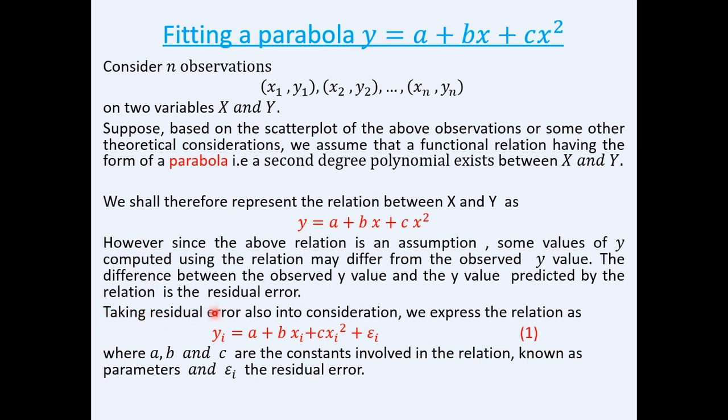Taking this residual error also into consideration, we can represent the relation as yi is equal to a plus b xi plus c xi square plus epsilon i, equation number 1, where a, b and c are the constants known as parameters and epsilon i the residual error.